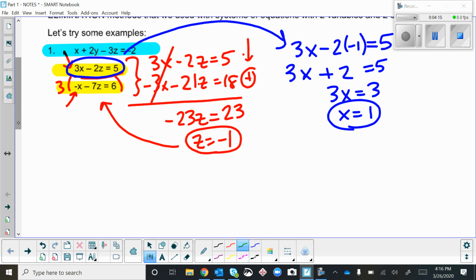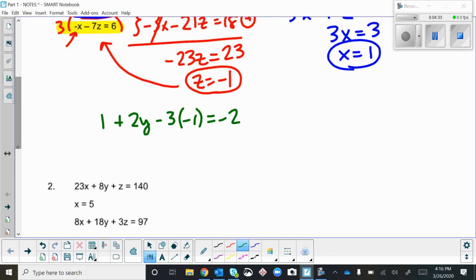So that is x, which is 1, plus 2 times y, which I don't know, minus 3 times z, which I do know is negative 1, and that equals negative 2. So now it's just some good old-fashioned math after that. Negative 3 times negative 1 is positive 3. And I'm going to add that to this one here, and that will give me 4.